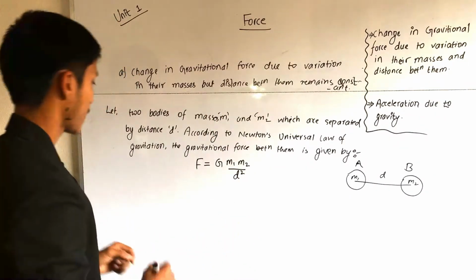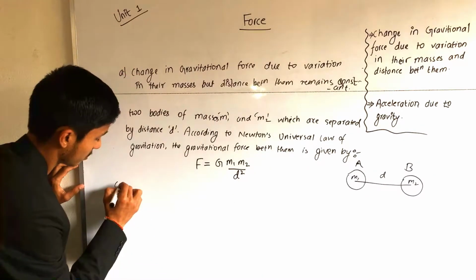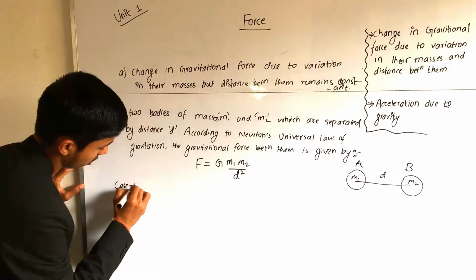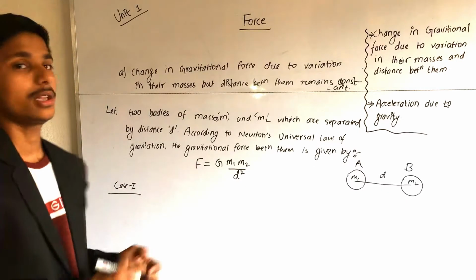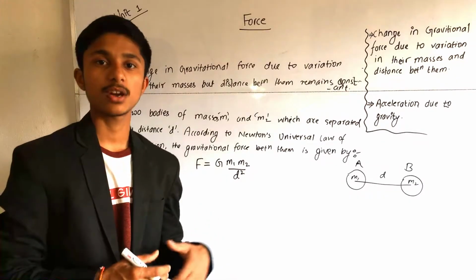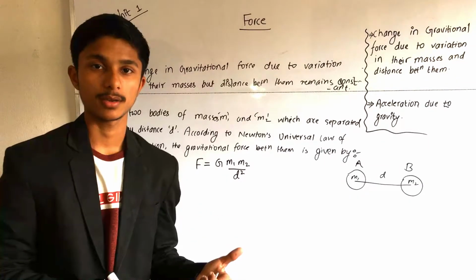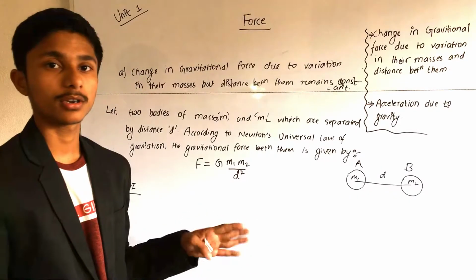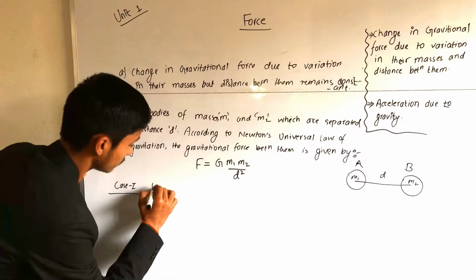Okay, so case number 1. Here case number 1, when the mass of one body is doubled and the other body remains constant.